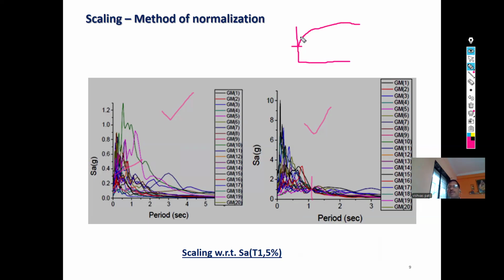So all the lines, this is the second line, this is the third line, this will be the fourth line, fifth line, sixth line, like this, will be passing through the same PGA value, the normalized value 1, just like here. So this is about the scaling of the ground motion.